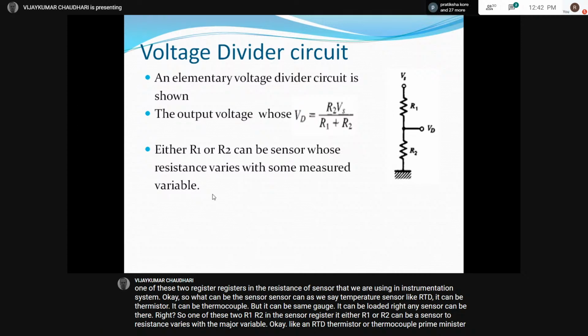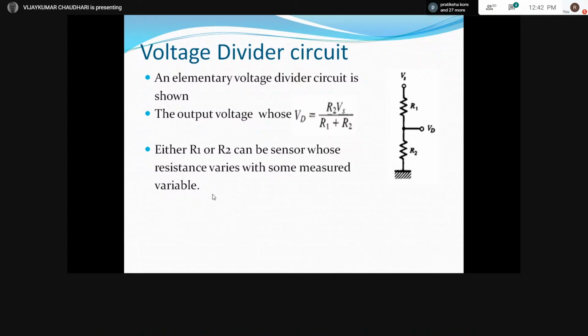Similarly, for a load cell, when the applied force is varied, the resistance of the strain gauge changes, and that is our sensor. So R1 or R2, anyone can be the sensor, which can change with a measured variable such as temperature, force, pressure, or some other variable.